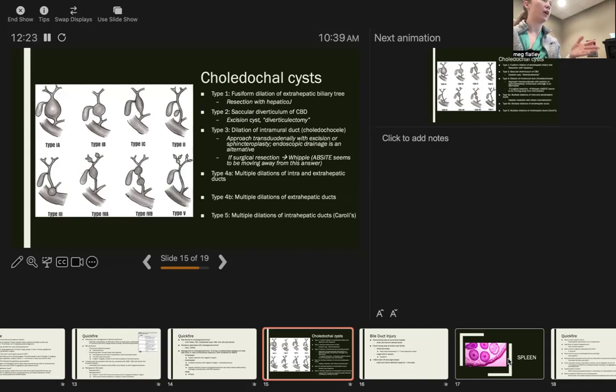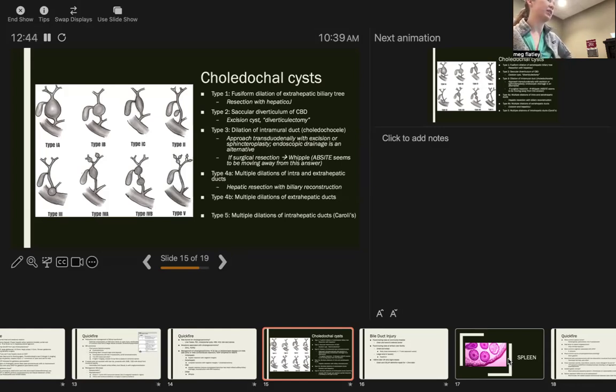All right, type 4A, so you have multiple dilations of the intra and extrahepatic ducts. So 4A is right here. How are we going to manage that, Michaela? Yep, exactly. Hepatic resection with biliary reconstruction.